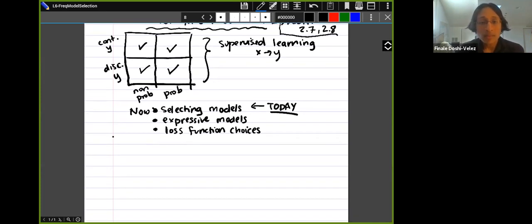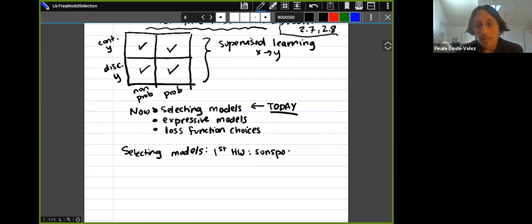And to some extent, when it comes to selecting models, we already have some amount of dilemma, right? You've seen in your first homework, we had our sunspots versus Republicans, and in that homework we had different basis functions.